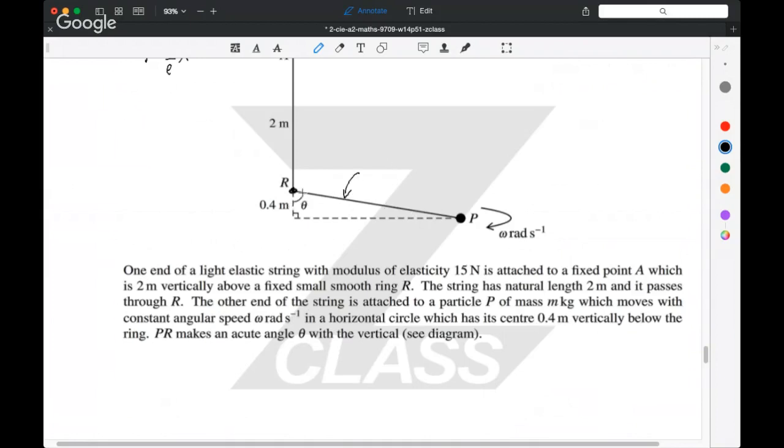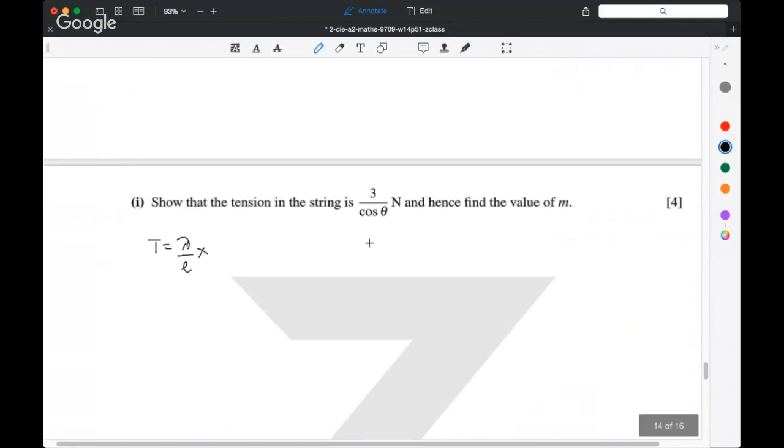Well, we've got an angle theta, so we see that this distance here, d, is 0.4 over cosine theta, because the cosine of theta is going to be 0.4 over d, so switch around, 0.4 over cosine theta. So that's our x. So this is going to be equal to lambda over L, 0.4 over cosine theta. And we know our lambda, we know our L, and that gives us this expression.